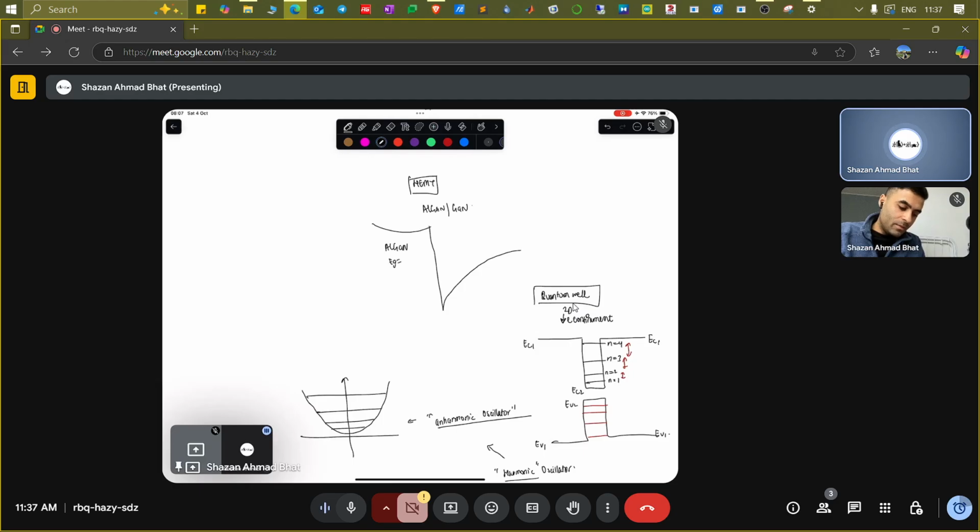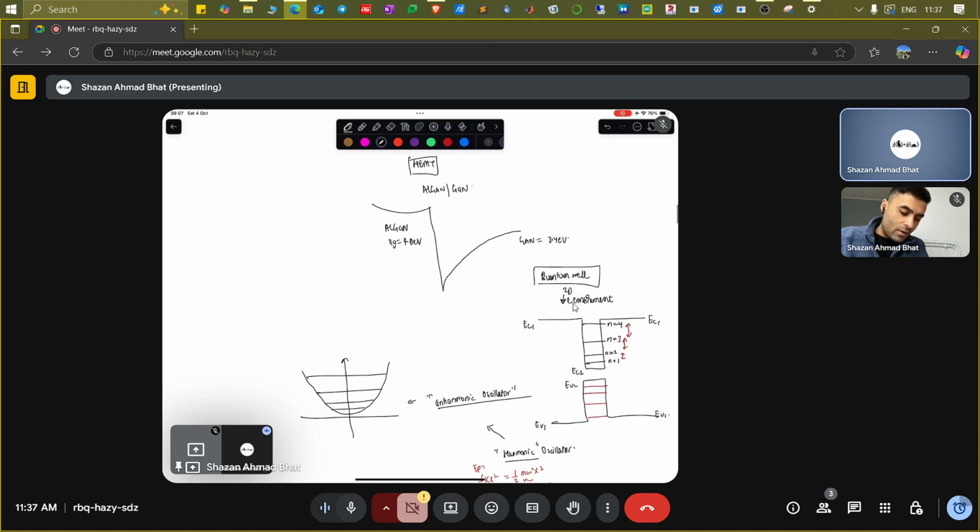The band gap of aluminum gallium nitride is around 4 electron volts. For gallium nitride, the band gap is around 3.4 electron volts. I think this is a slight exaggeration, I've not drawn it to scale, pardon me, but this is how the interface looks.